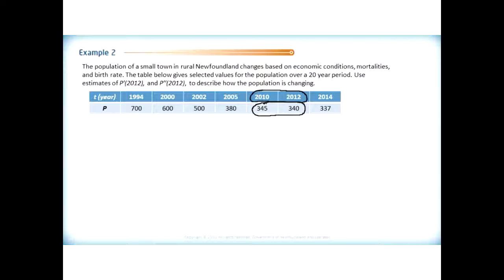If I take 2010 with its population and then 2012 with its population, the slope of that secant line that we could think of would be an estimate. And another one we could use would be using 2012 to 2014, going this way instead of that way, and that would give us another estimate. So let's use the 2012 from 2010 as our first estimate here.